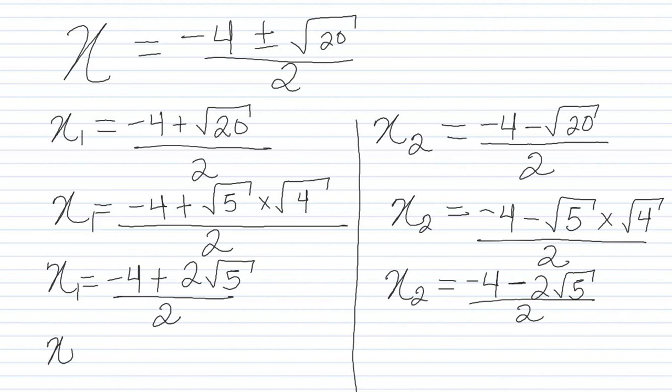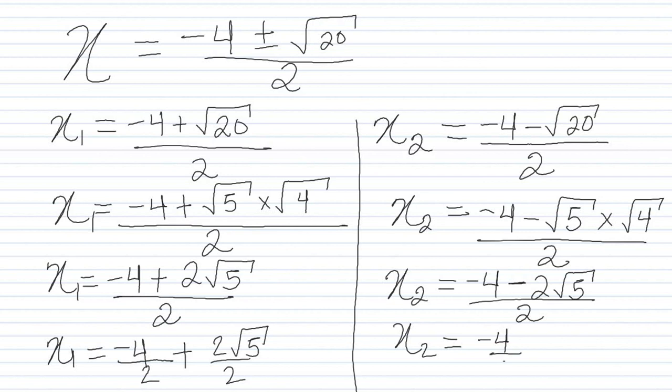So x1 is negative 4 divided by 2 plus 2 root 5 divided by 2, and x2 is the same thing, only negative: negative 4 divided by 2 minus 2 root 5 divided by 2.